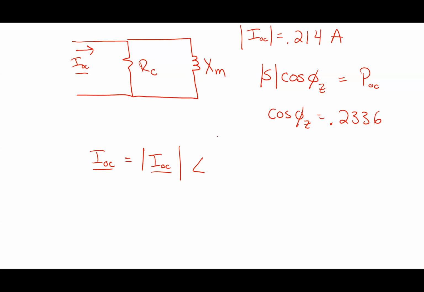My assumption with all of this is that the angle of the voltage was equal to 0 degrees. So basically it would be negative inverse cosine of phi Z. If I do that, I end up with 0.05 minus j times 0.2081.